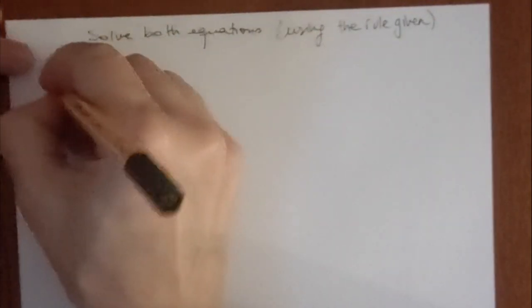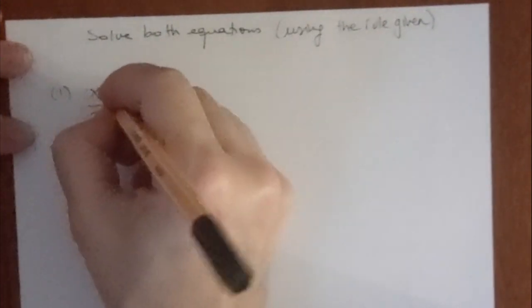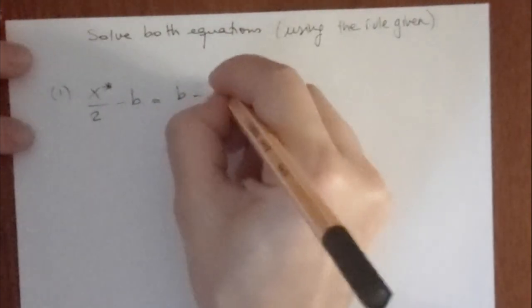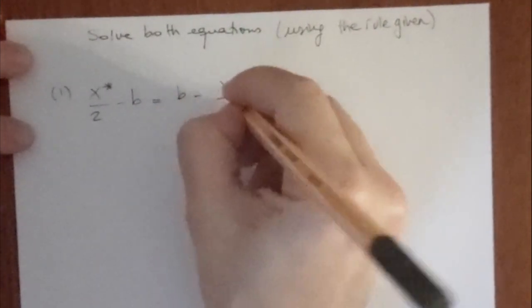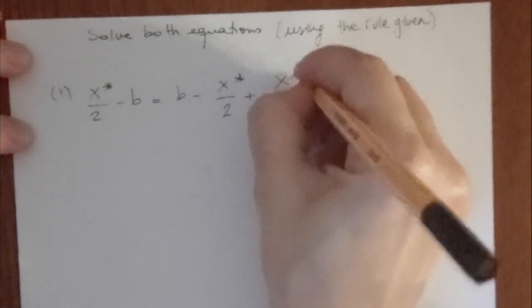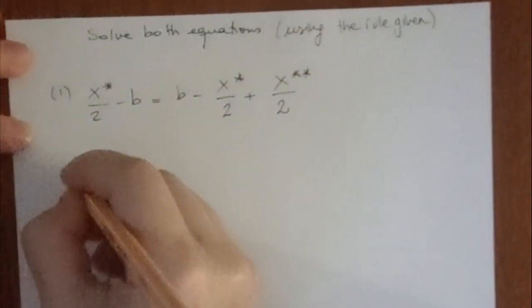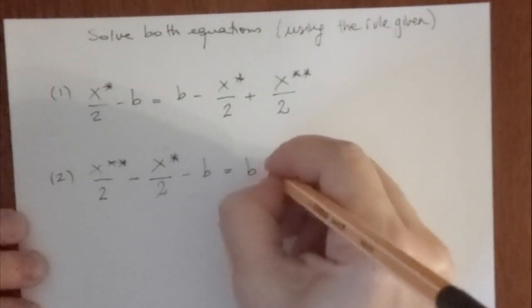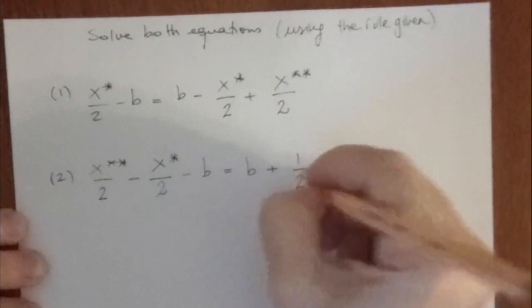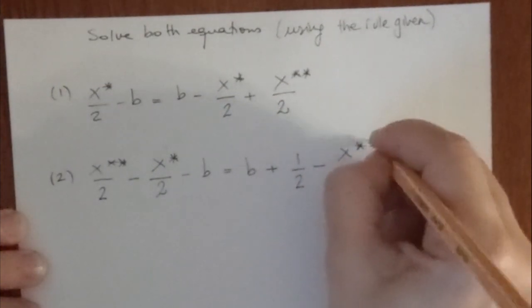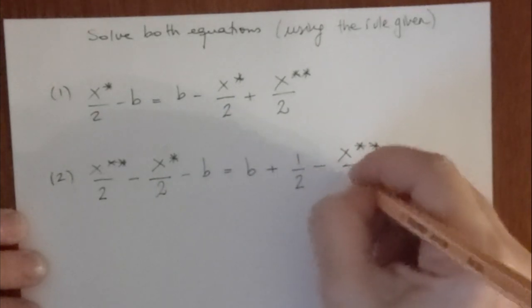Okay, and we should arrive at a result that is X star over 2 minus B is equal to B minus X star over 2 plus X star star over 2. And for threshold number 2, B plus half minus X star star over 2.